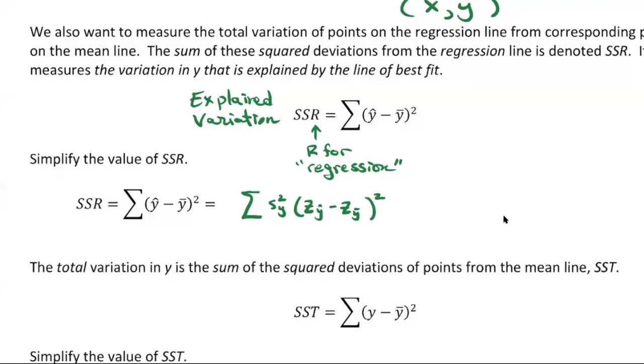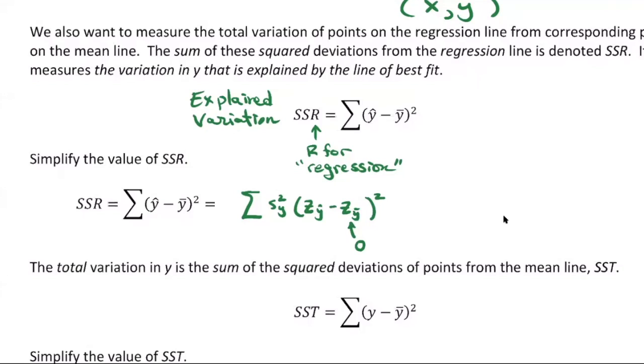Now you need to remember that the z-score of the mean is the number of standard deviations from the mean. So the z-score of y bar is the number of standard deviations that y bar is from the mean, but y bar is the mean, so this would be 0. Okay, z-score of a mean is always 0.